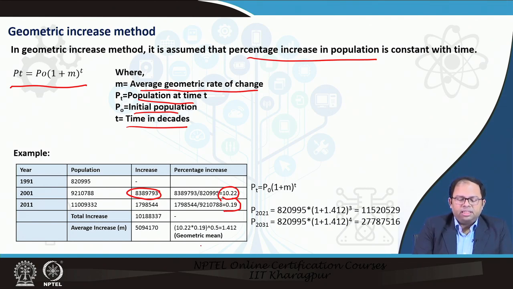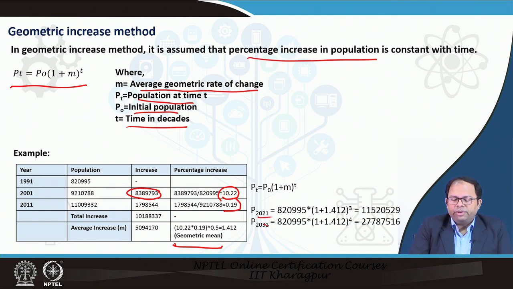So the average increase is estimated through the geometric mean, which is both of them multiplied, and then we take a root of them. If it was 3 times, we would have taken it to the power of 1/3, 0.33, and then using this method we can estimate that Pt equals P0 times (1 plus m) to the power t.